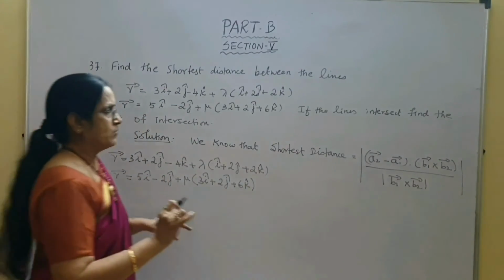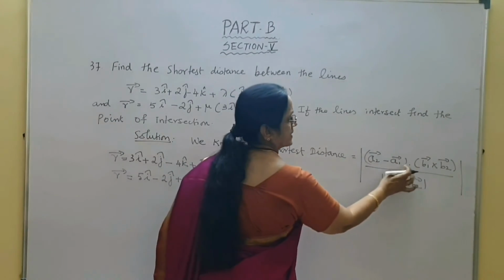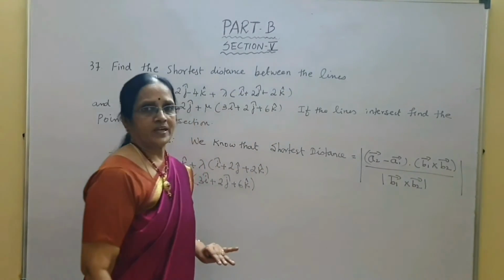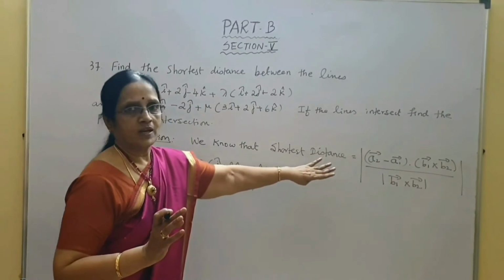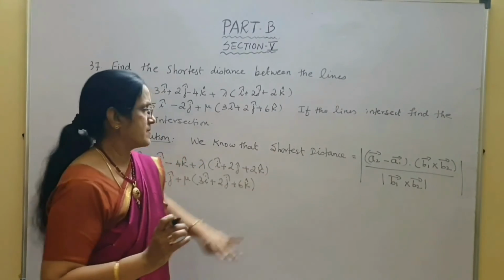Let us now write down A2 vector, A1 vector, B1 vector and B2 vector. Then we can apply it in the formula to get the shortest distance.